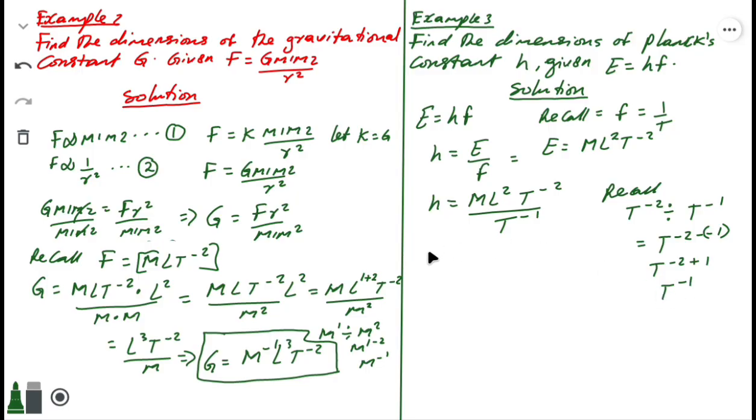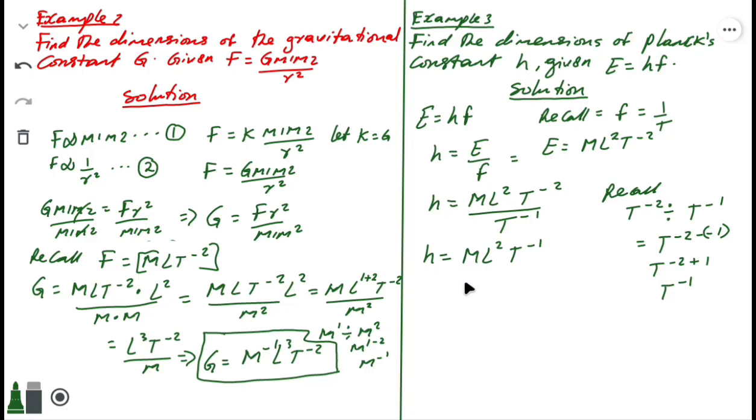Therefore, the Planck constant equals M L^2 T^-1. So this will be the dimension of the Planck constant given to us.